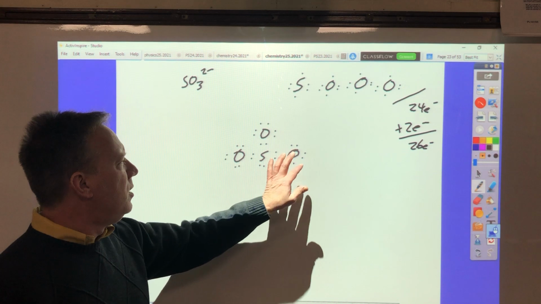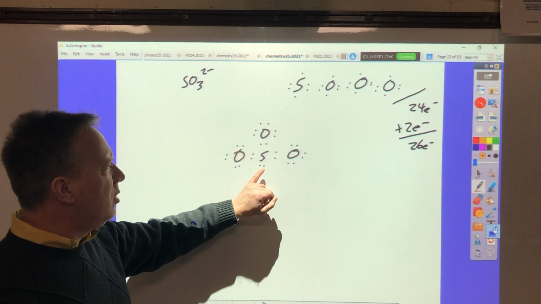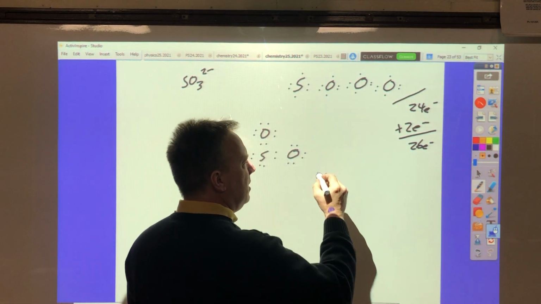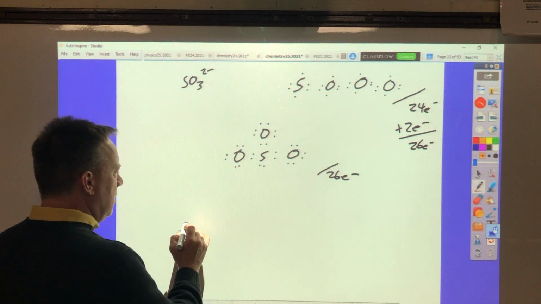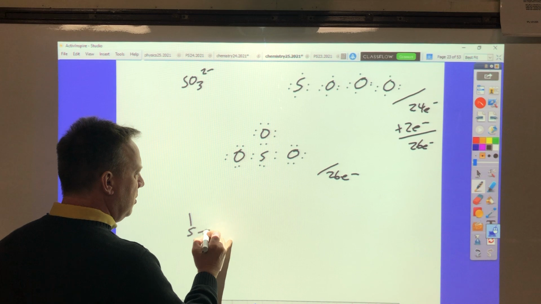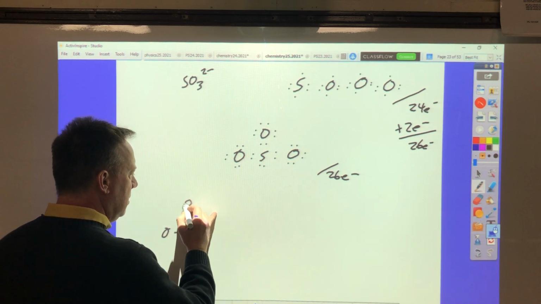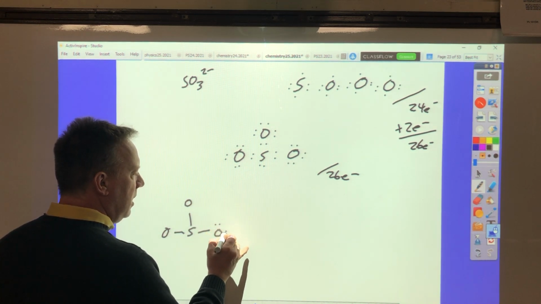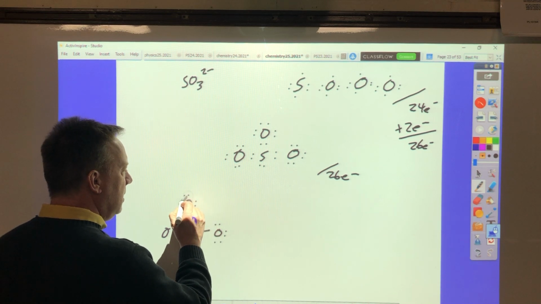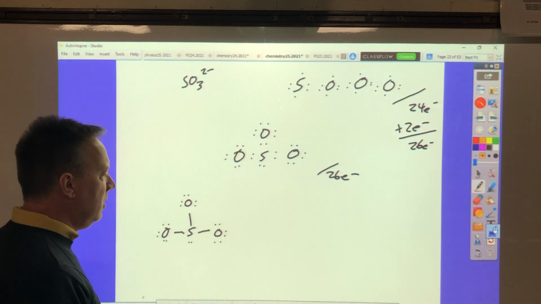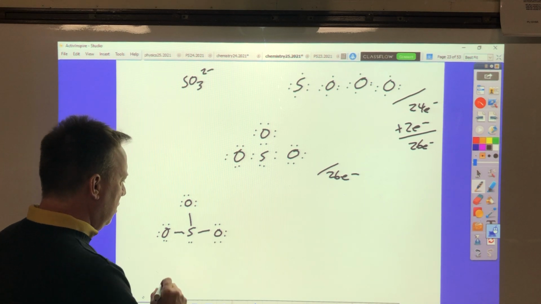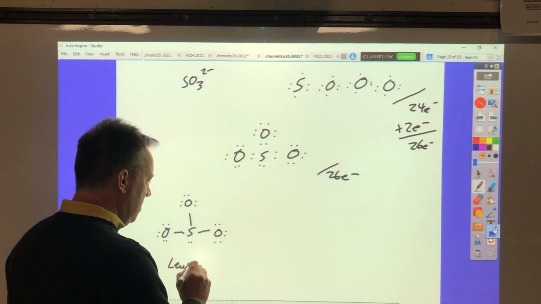Now I have 8, 16, 24, 26 electrons when we add this up. So this one's going to be done. We have a sulfur bonded to 3 oxygen, and this has 8, and this has 8, and that has a lone pair. And so this is your Lewis structure right here.